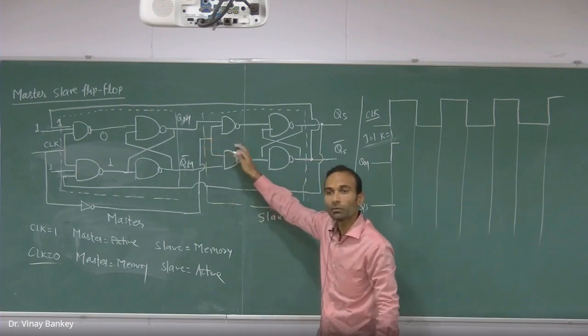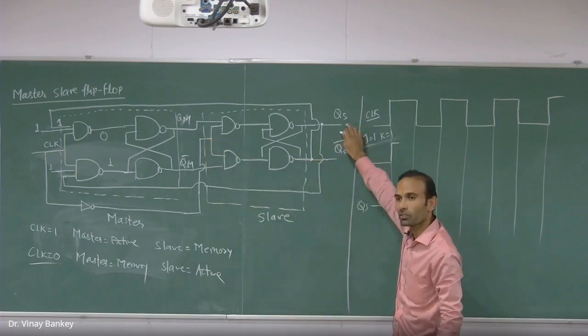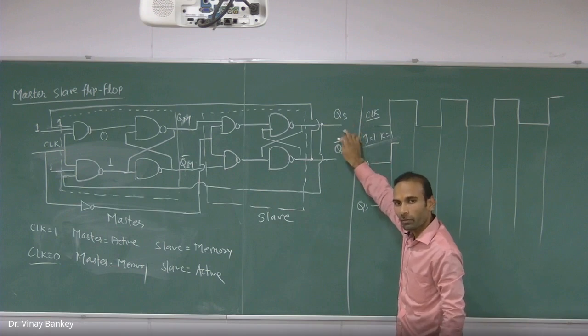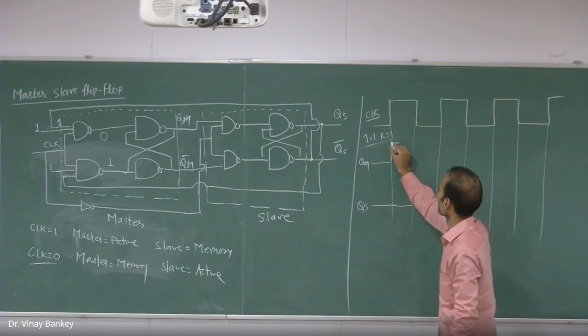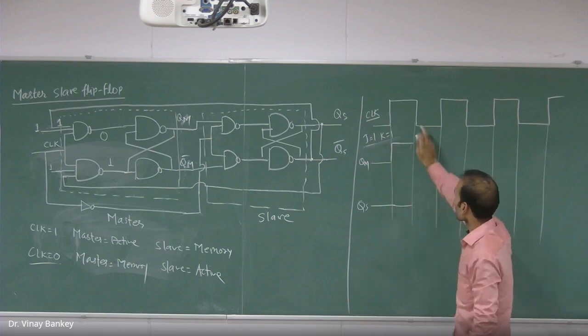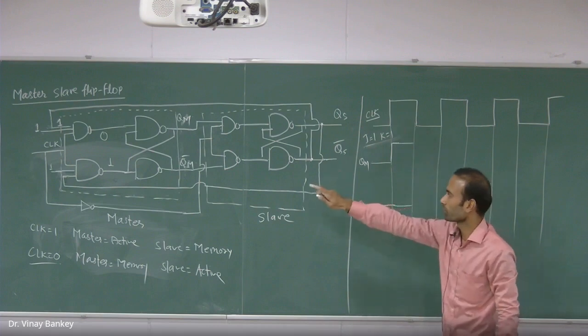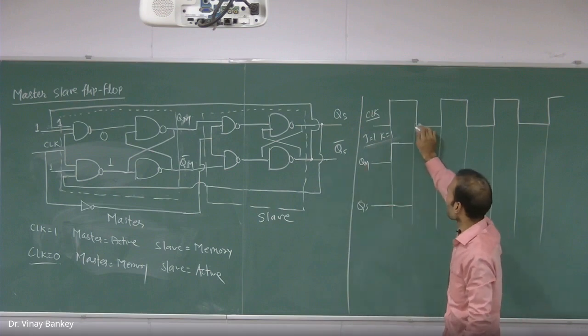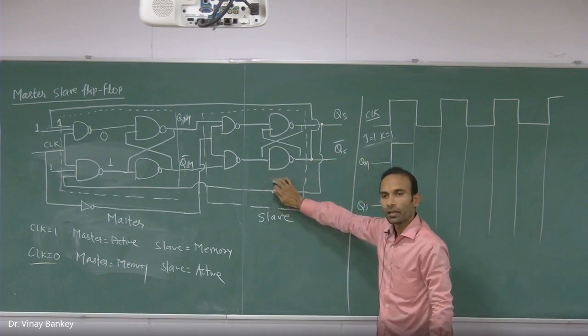It means this will be in memory state. The output QS will be in memory state, isn't it? So it will remain 0 for this high period, and it will become 1 as you have the low level at your clock pulse. The moment you have the low level at your clock pulse, this slave circuit will become active.